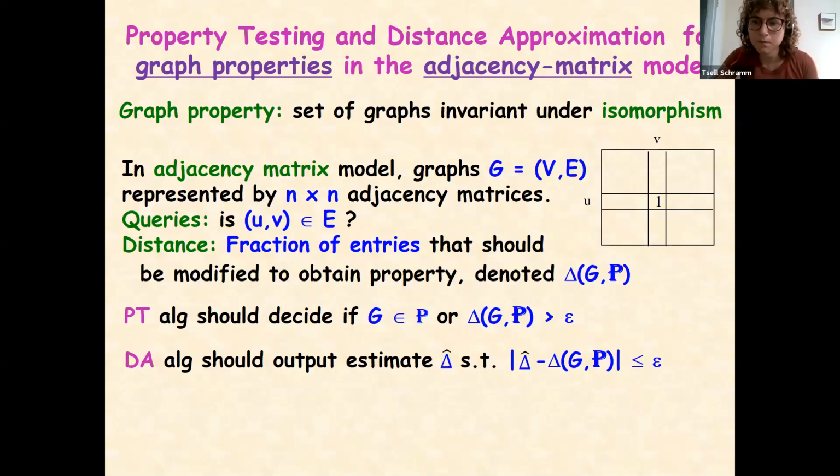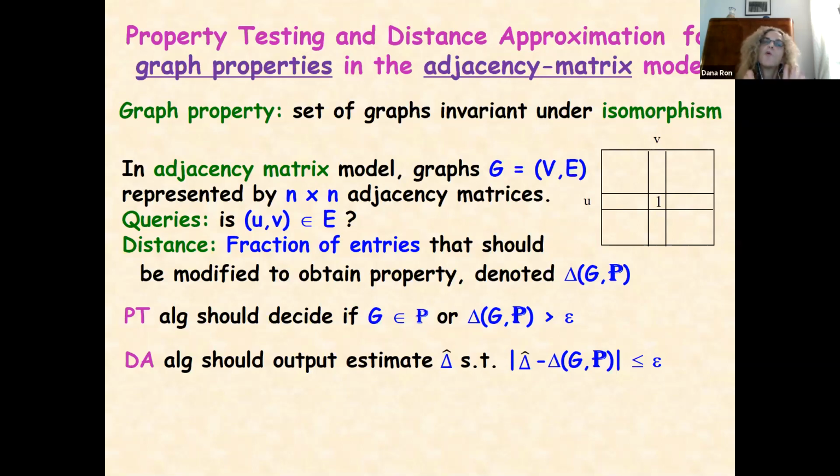Okay. So the two versions you stated are not comparable. Good point, and we'll see. If I'll say it in one sentence, distance approximation is harder, or not easier, than property testing. But there is a subtlety: when you define property testing, do we allow two-sided error or one-sided error?